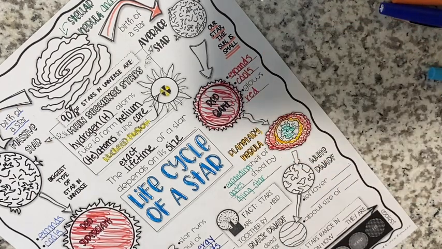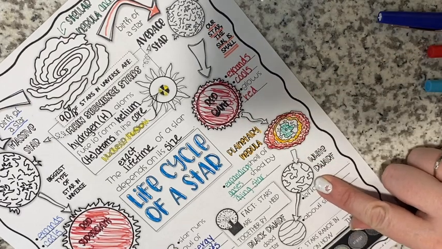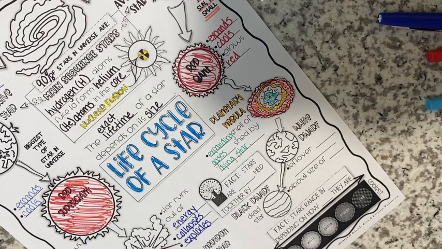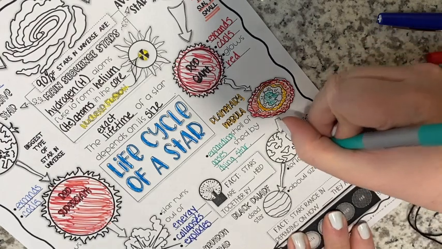After the planetary nebula is formed, a white dwarf appears. That is the leftover center of the nebula, and a white dwarf is about the size of Earth.